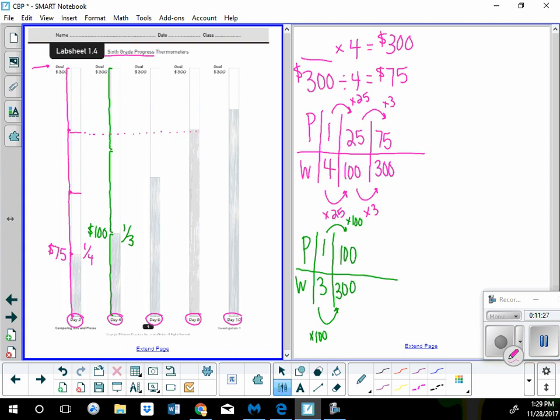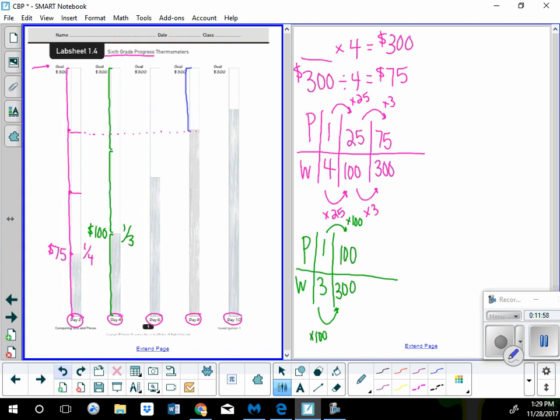Does anybody have another strategy we could use? Yeah, Tyler. Well, you could do the same thing on 1/4, just go the opposite way? So could I take this right here and see how many times that goes in? Okay. I'm going to draw a straighter line there. Okay, I'm going to see how many times this goes in here. I would like you guys to do the same thing with your piece of paper.